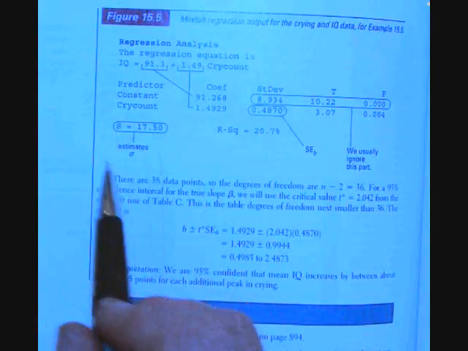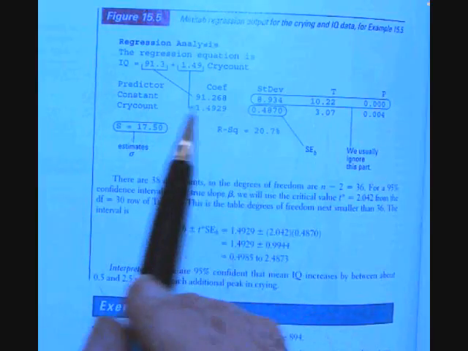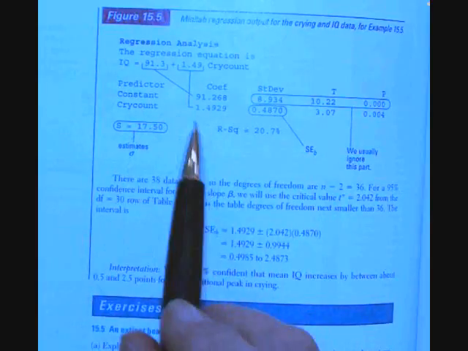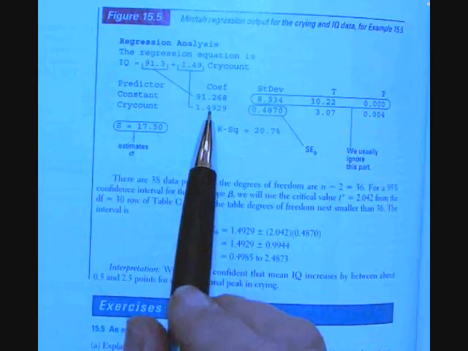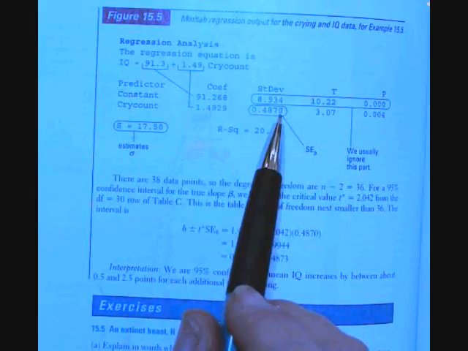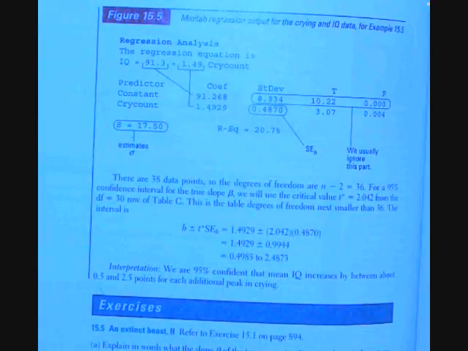It's not in that same line. So if you've got output and you need to do a confidence interval, you need to grab the slope off the second line, the coefficient, and the standard deviation of the slope right next to it. Okay? So on one of your problems for tonight, you get output, and the other one you don't.